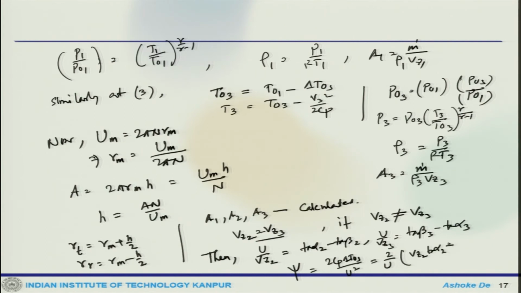Okay. So, also if the flare is not symmetrical, U must be replaced by Um2 and Um3.